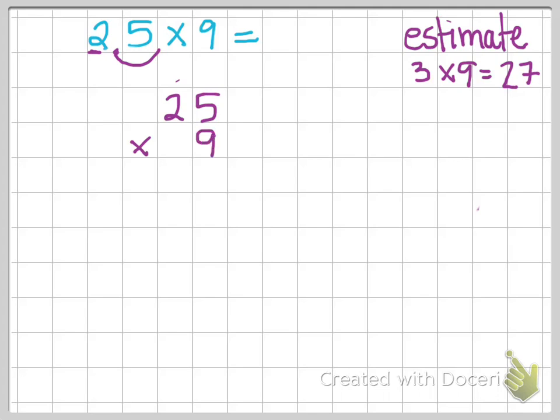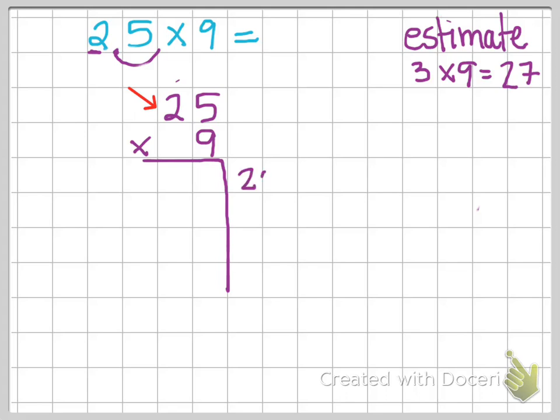We'll multiply that by 9. 9 doesn't have a decimal point to take out. Alright, so it's a 2 by 1 step problem, so 2 steps. Let's start like we usually do with the largest place value, the tens place.